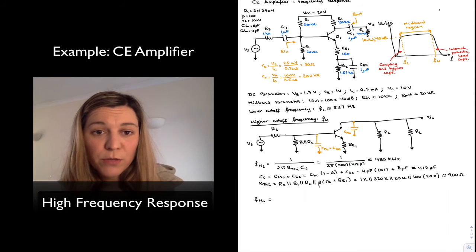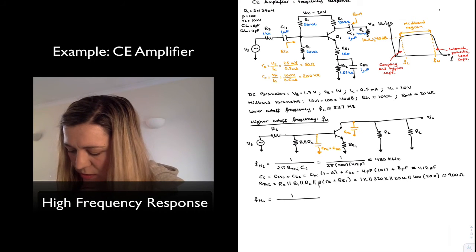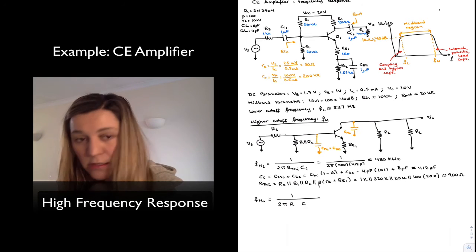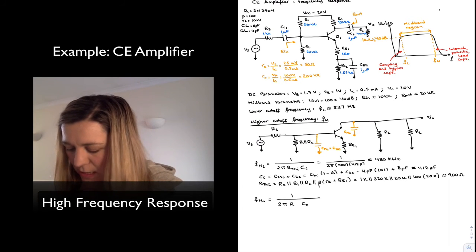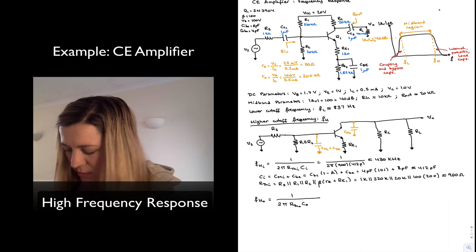my high cutoff frequency due to the output capacitance, FHO, could be a similar expression, 1 over 2 pi RC. In this case, C will be the output capacitance, and this will be the Thevenin resistance seen across that output capacitance.